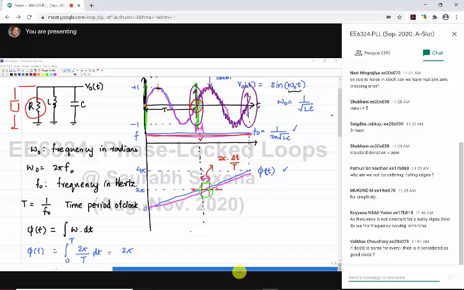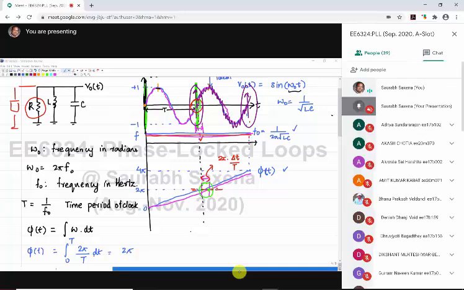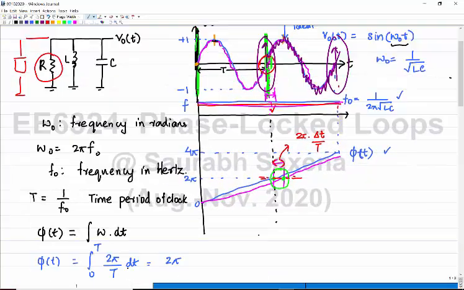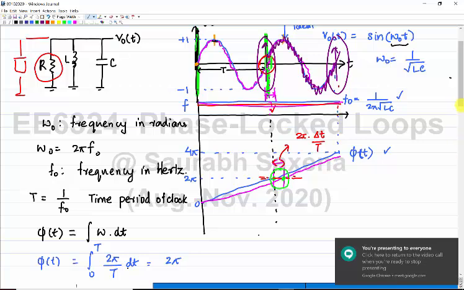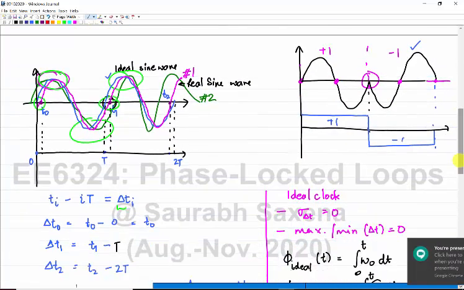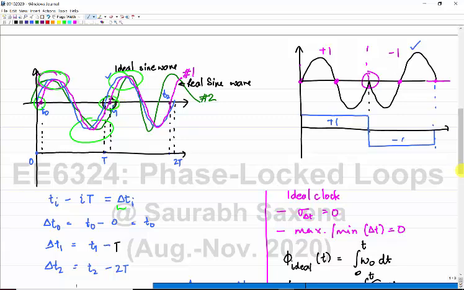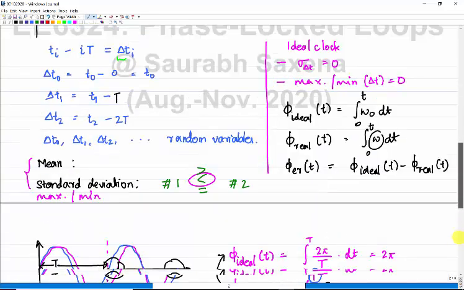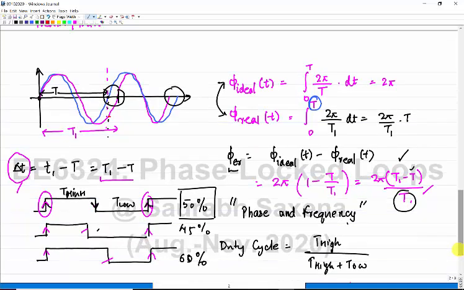If delta Ti is same for every i, then is it considered a good clock? Yes. See, if all these delta Ti are same, that is not a bad clock. That only means that your clock is shifted.